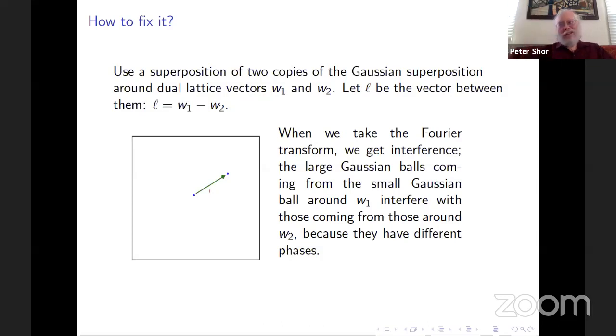Actually it's a little bit complicated, but it's a variation of a very standard trick in quantum computing that will let us measure a random pair of Gaussian balls with difference L, even though we don't actually have... I can't do it without writing down the equations, and I don't have the equations written down, but it's a fairly standard trick in quantum computing.